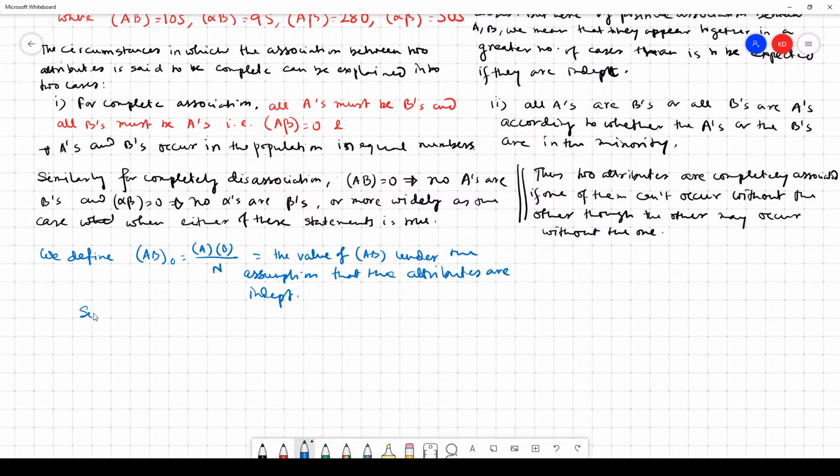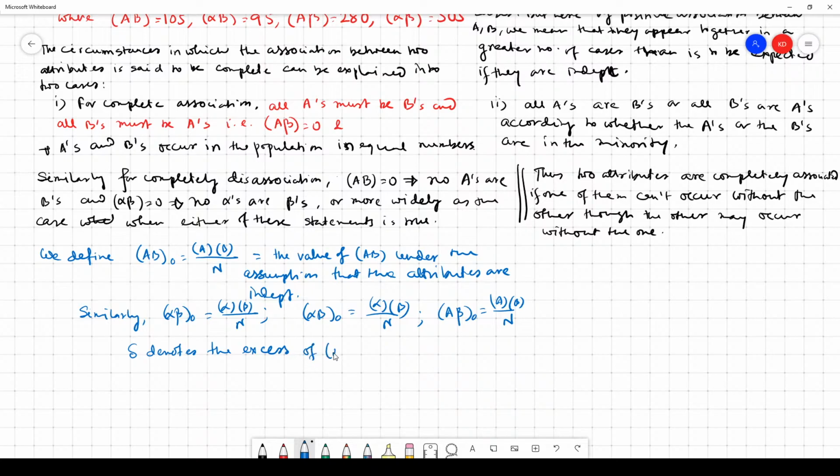Similarly, we define alpha beta naught, which means alpha into beta by N, alpha B naught, which is equal to alpha into B by capital N, A beta naught equal to A into beta by capital N, and delta denotes the excess of AB over AB naught.